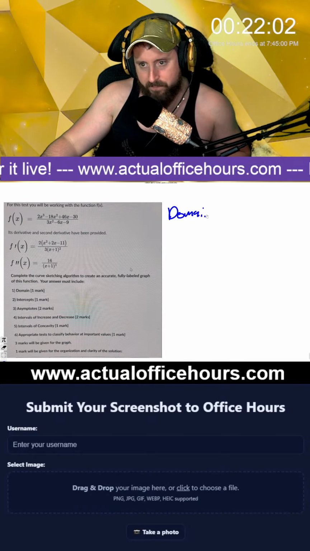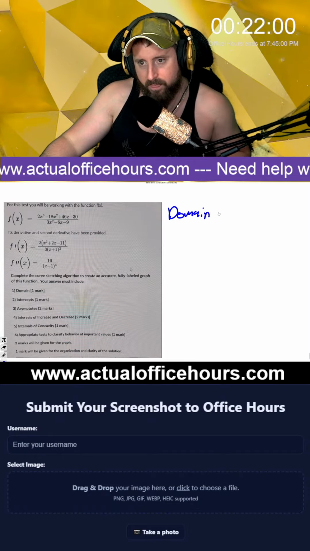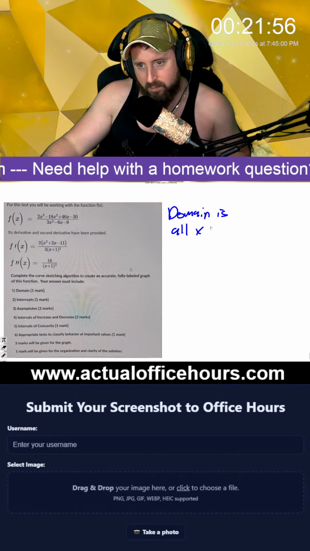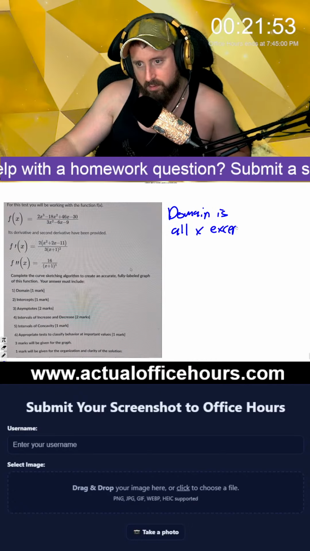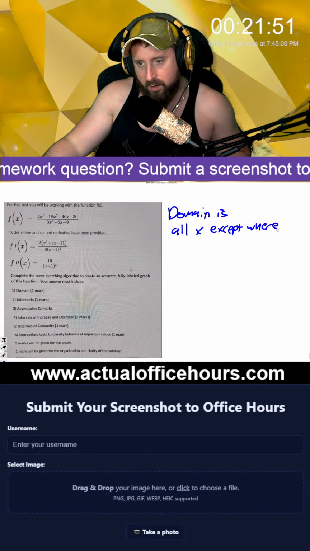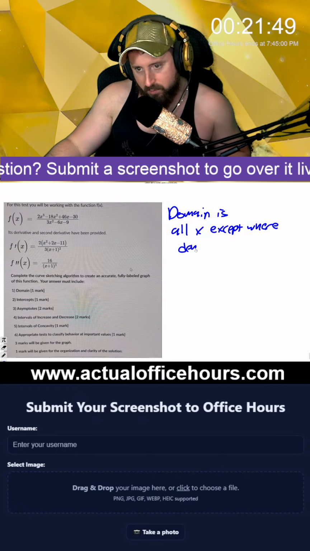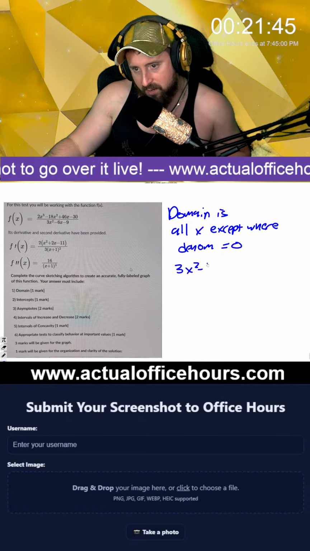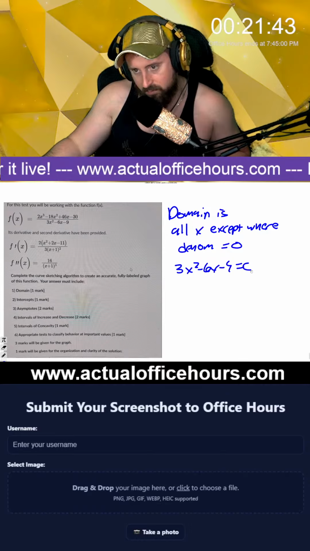The domain is all x except where the denominator is equal to 0. So basically you just set 3x squared minus 6x minus 9 equal to 0.